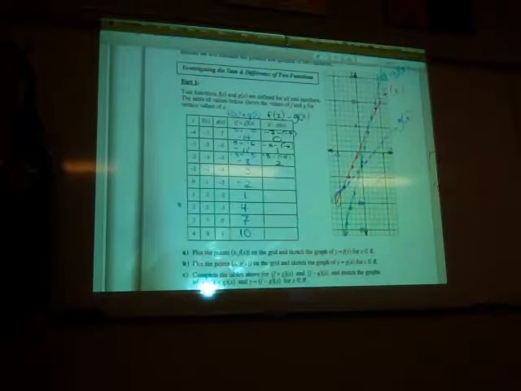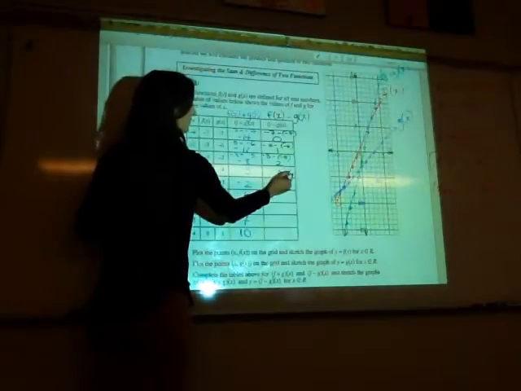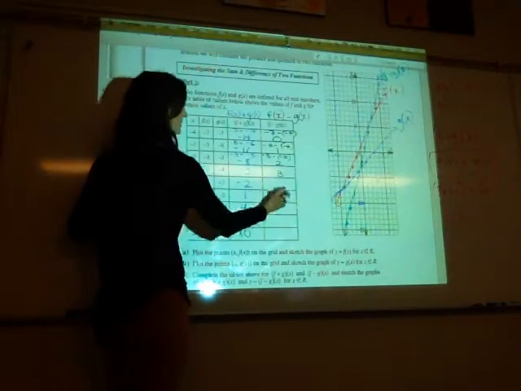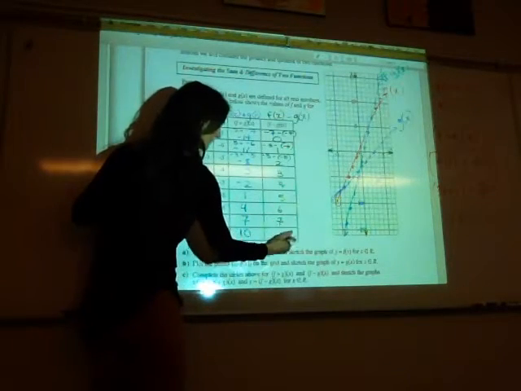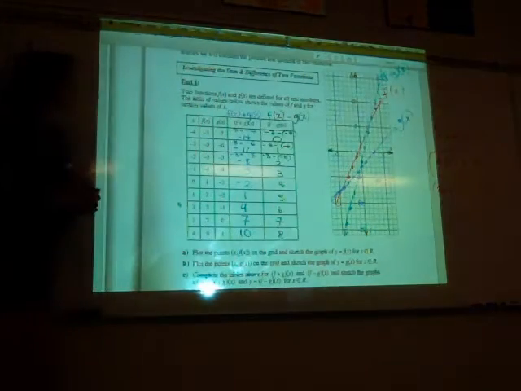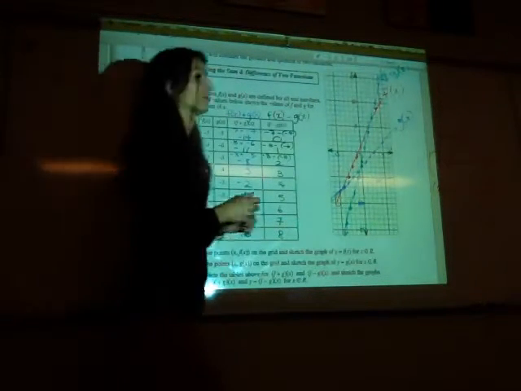What kind of pattern are we seeing? What's it going up by? 1. And if you do the math, you will actually see that it goes up by 1 as well. So now we have a few more ordered pairs we can plot.